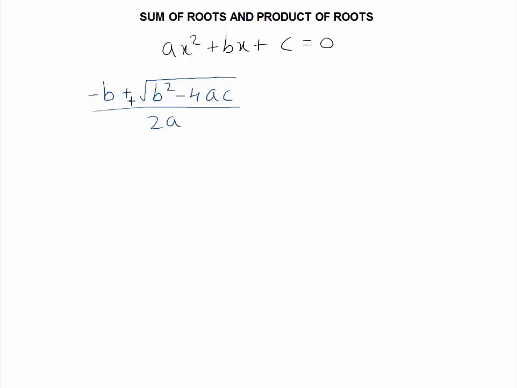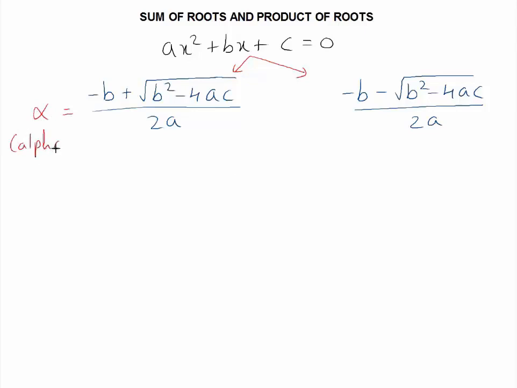So once we can take plus to get one of the roots, and then we can take minus to get the other root. So these are the two roots of this equation. Now let's call these roots alpha, which is a Greek letter, and this beta, which is another Greek letter.